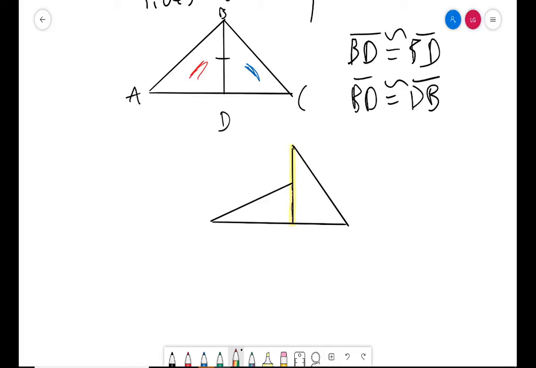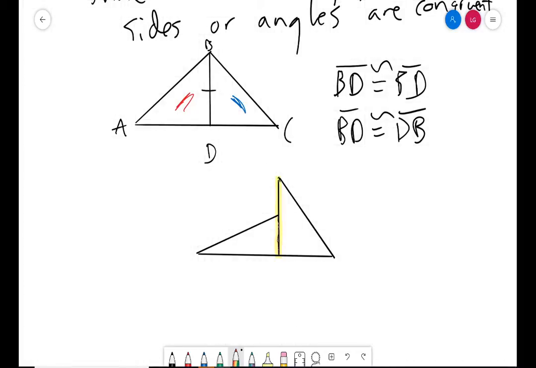Despite them being shared, it's not shared in its entirety. In the first diagram here, this side is entirely the edge of both triangles, as opposed to, say, this side, which is the edge to only one of the triangles and then part of the edge of another triangle. That's important.